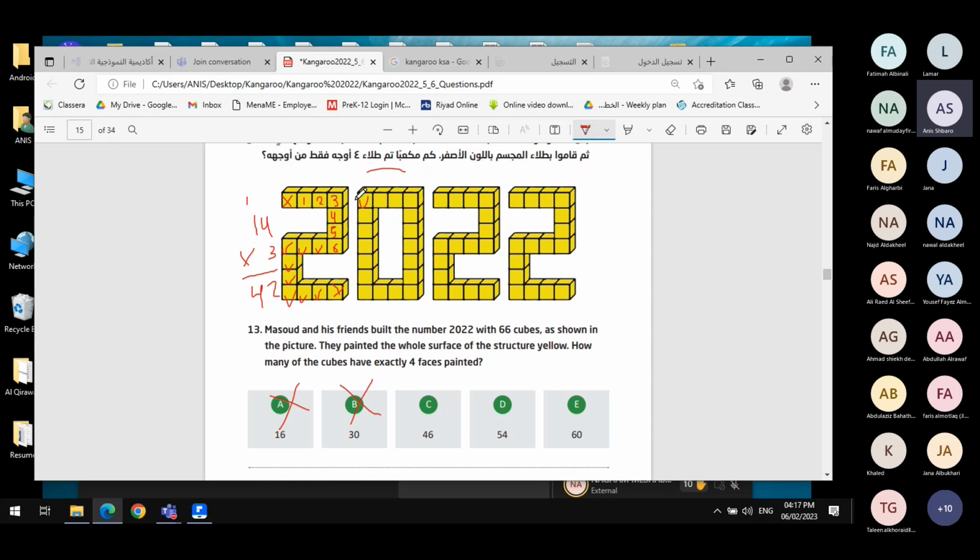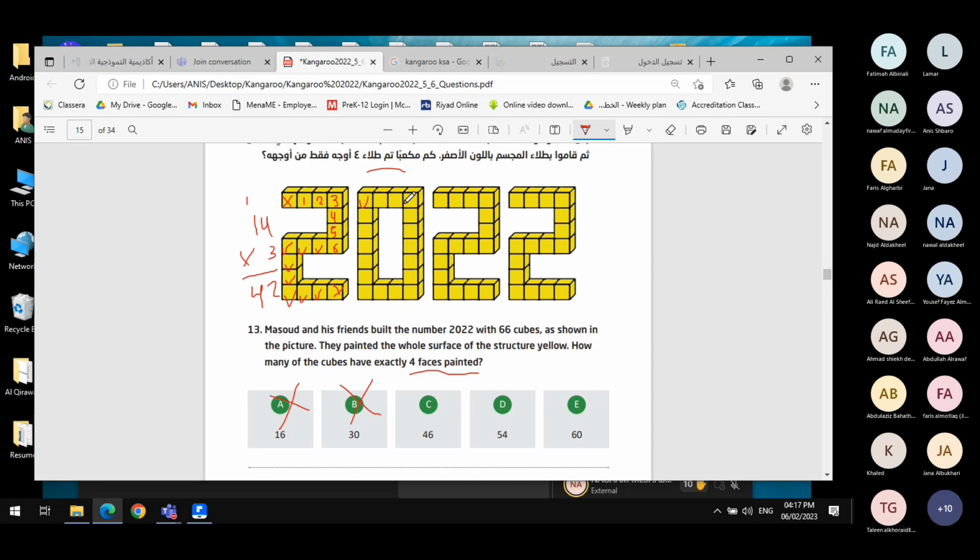So 1 and on the left 2, 3, 4. Here it's connected and here it's connected. Remember, any cube has 6 faces. But any cube that will be connected from 2 faces will be in the condition of a 4 faces painted cube, okay? So it's connected 1 here and 1 here.